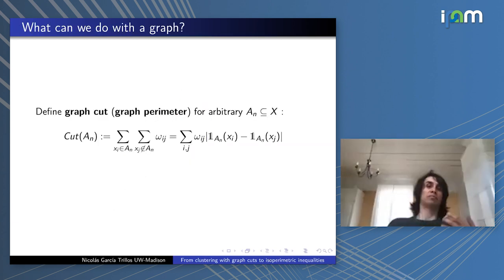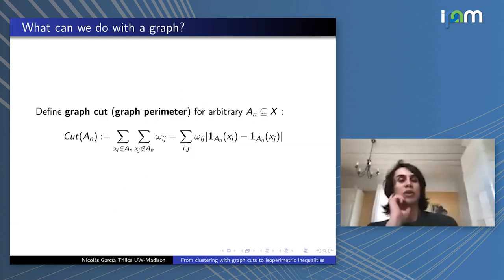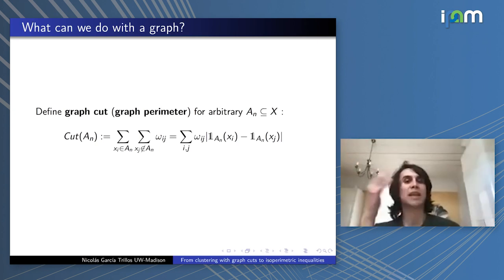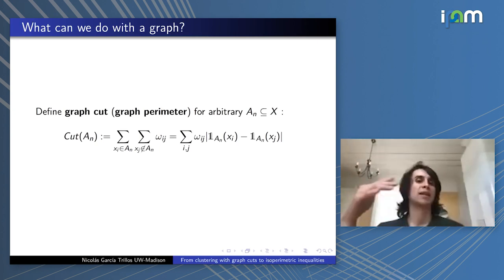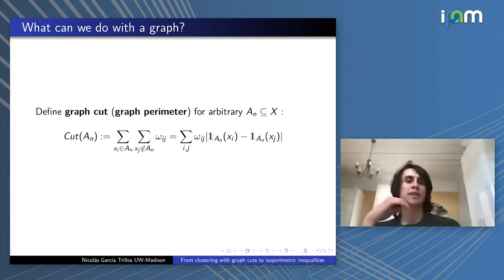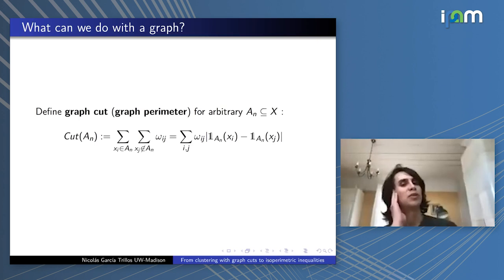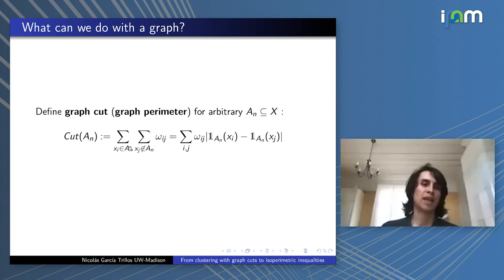In particular, you can introduce an objective function that measures how much interaction there is between a subset of data points and the other data points. This graph cut functional is going to be the center of today's talk, and for a graph it is essentially defined in this way: you have a set A, and you are just counting how many interactions there are with the outside.